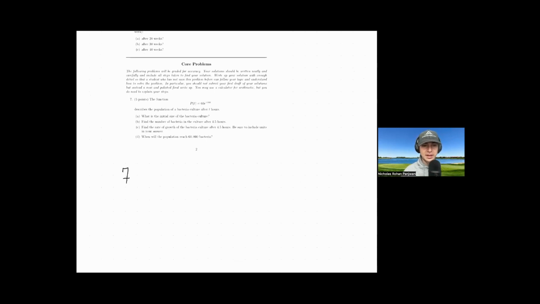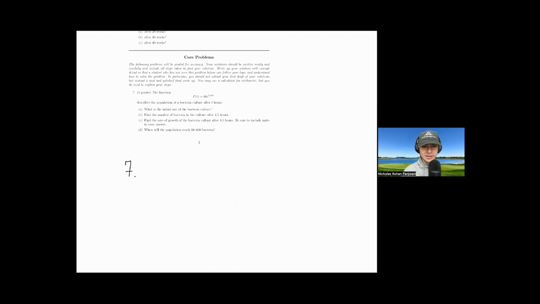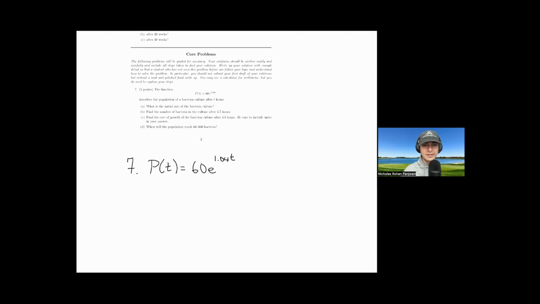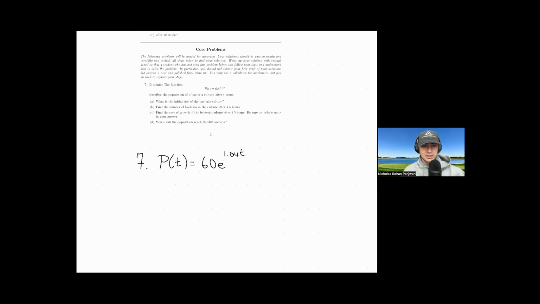Core problems. The function P of t equals 60 e to the power of 1.04 t describes the population of a bacteria culture after t hours. What is the initial size of the bacteria culture?